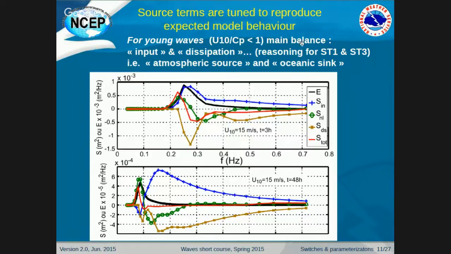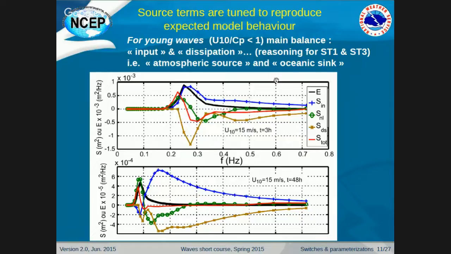And so in that case, we expect to have a main balance between input and dissipation, and that was the basic reasoning for how the ST1, cycle 3 and cycle 4 parameterizations were set up. Actually, I'd prefer to call it a balance between atmospheric source and oceanic sink, because in the coupling perspective, you're actually taking energy and momentum from one model and giving it to the other, the ocean model for example.